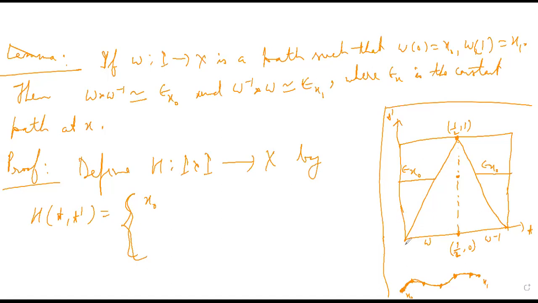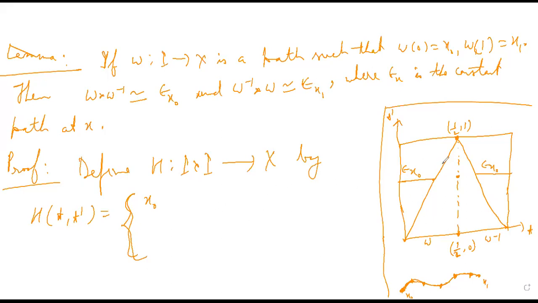Initially, just at this point, then when t prime is here, the constant path is here up to here. Then parts of omega and omega inverse will be there in this region, and then epsilon x naught constant path again. So you see here that we define.